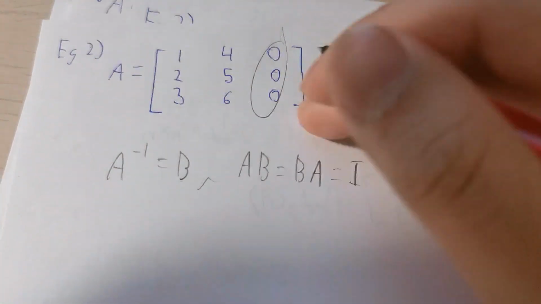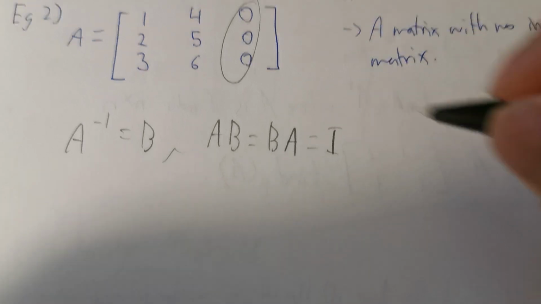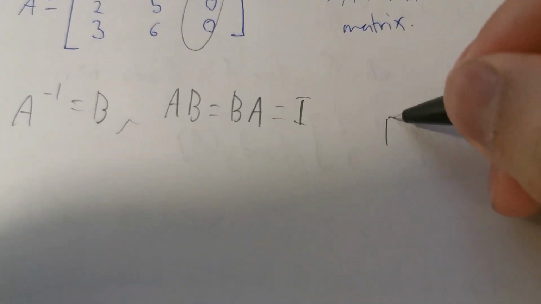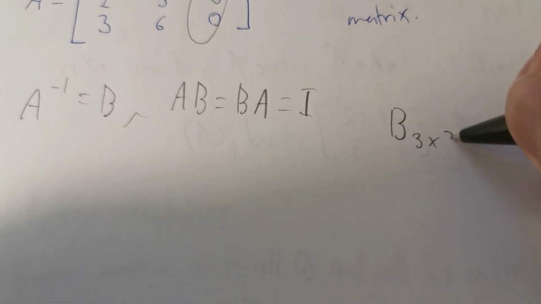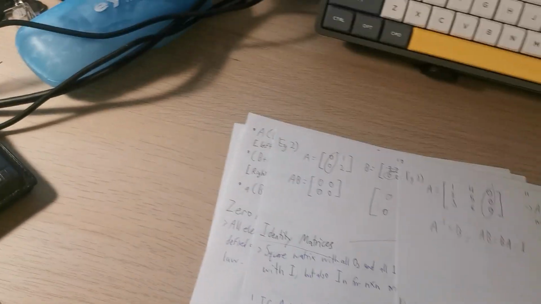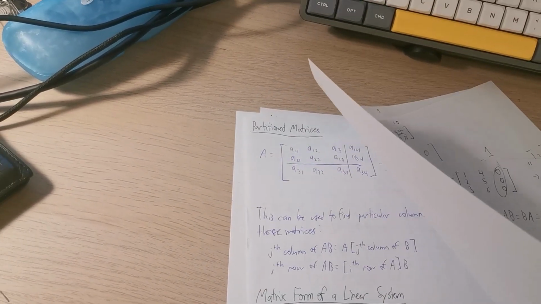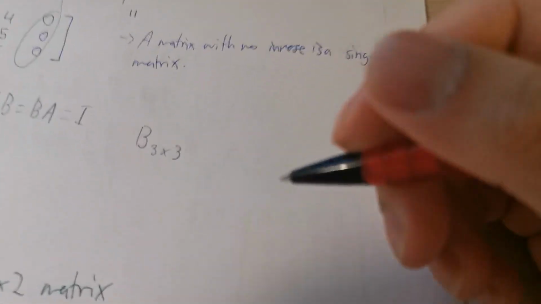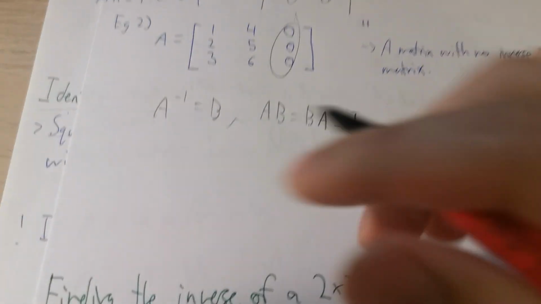So B will be in the same shape, a 3 by 3 matrix, right? We can use something I talked about last time, which is partitioning matrices, and split B into 3 columns, three vectors, right?